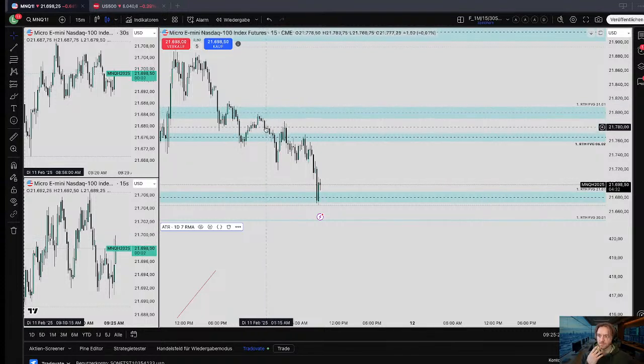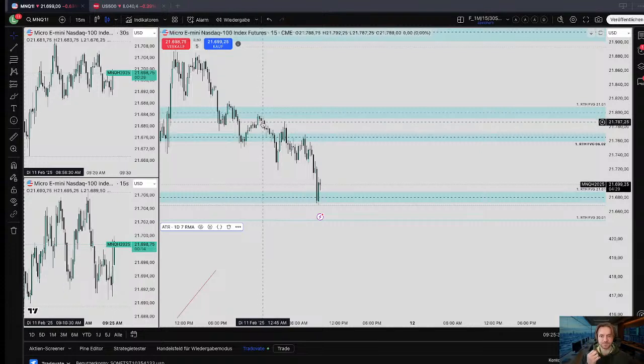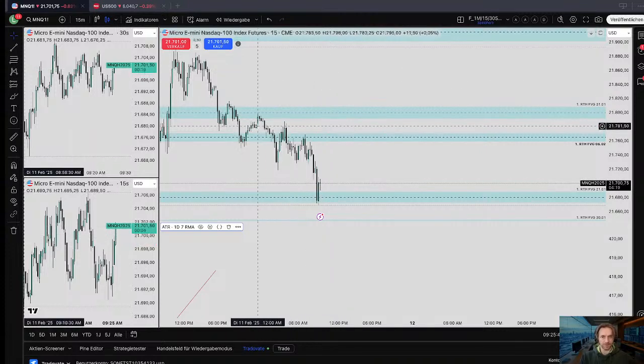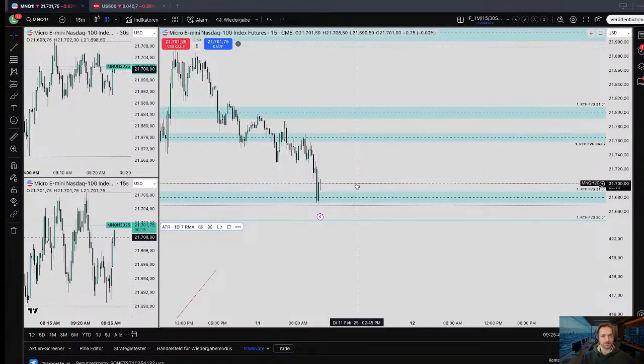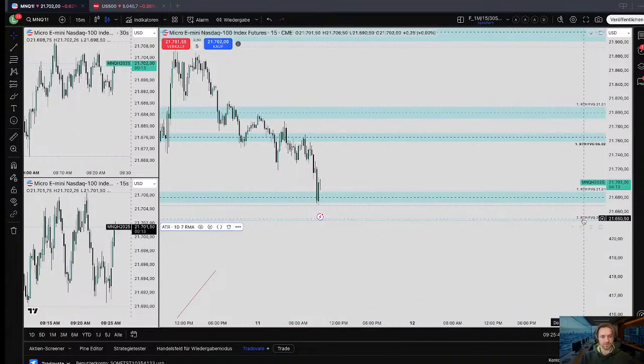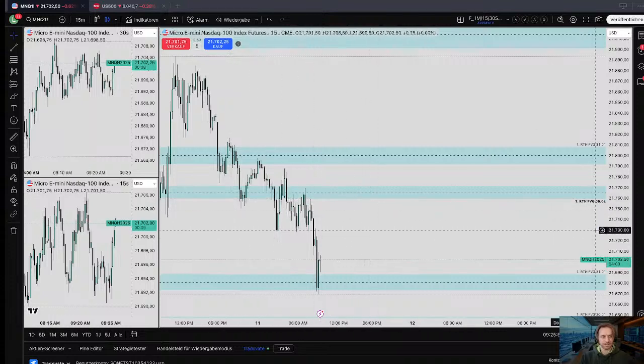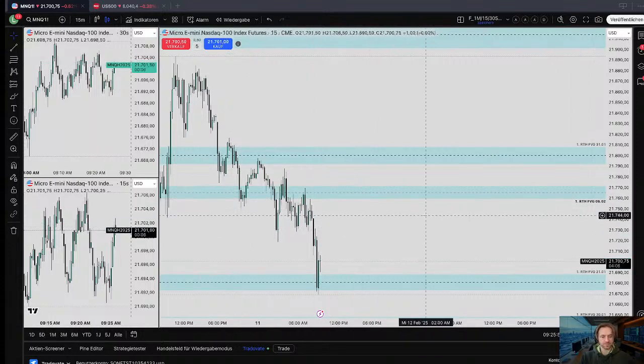Up here. That would be here. So from here we are around 100 points away. So it's a completely makeable range, right? From the opening, it's just 200 points. We get 400 points ATR, so it could be absolutely possible that it will hit this.